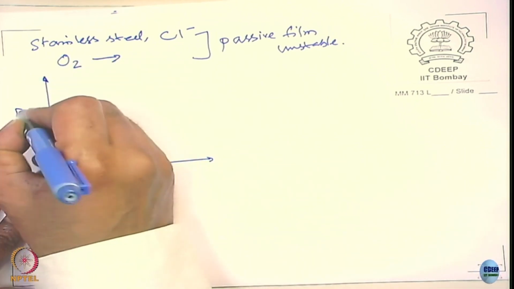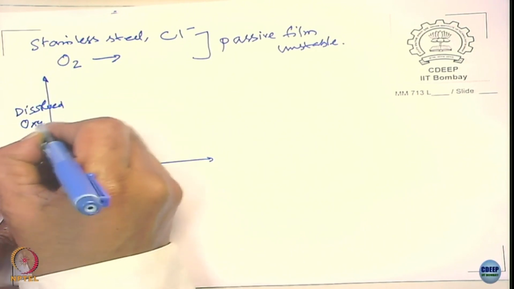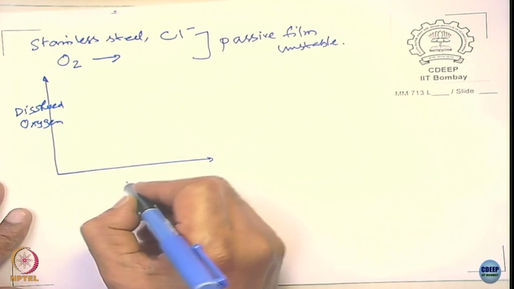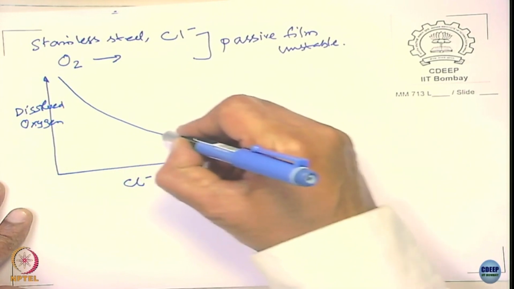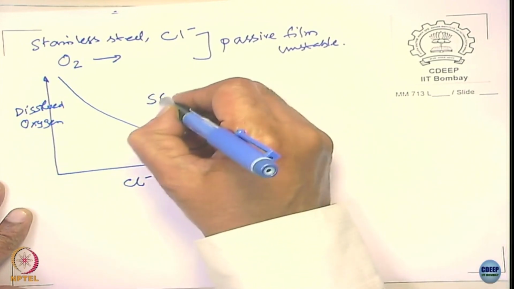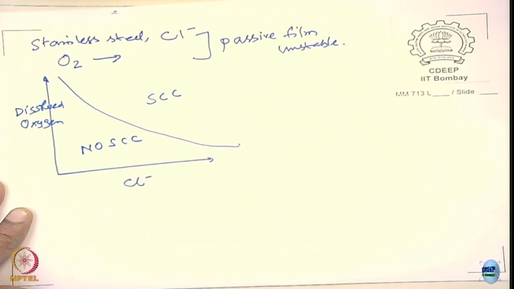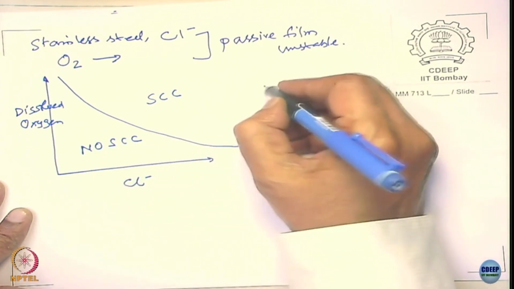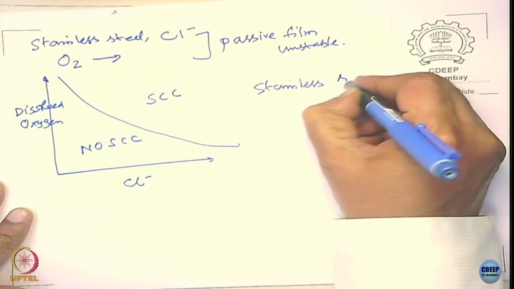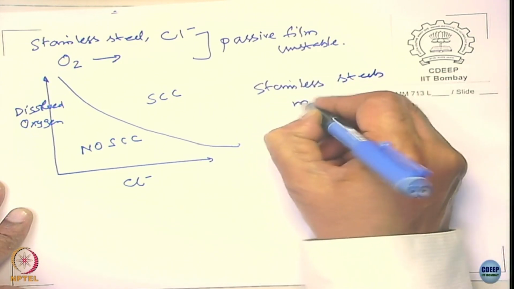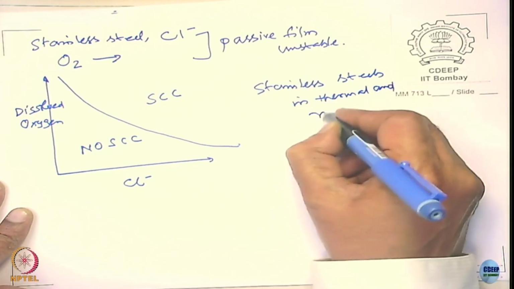They call it dissolved oxygen versus the chloride level, SCC, no SCC. Here we are talking about stainless steels in thermal and in nuclear power plants.